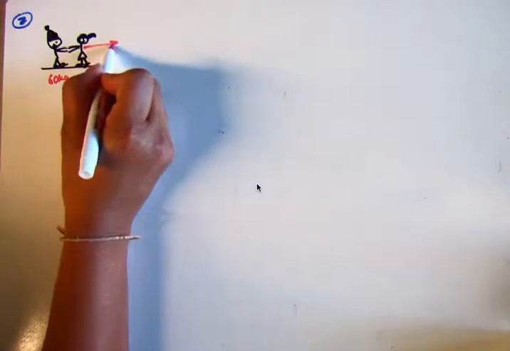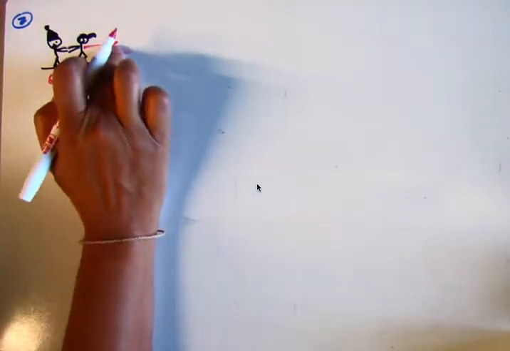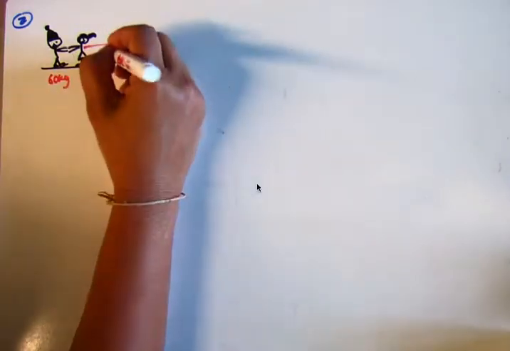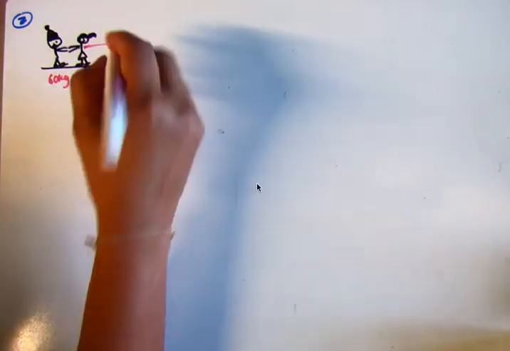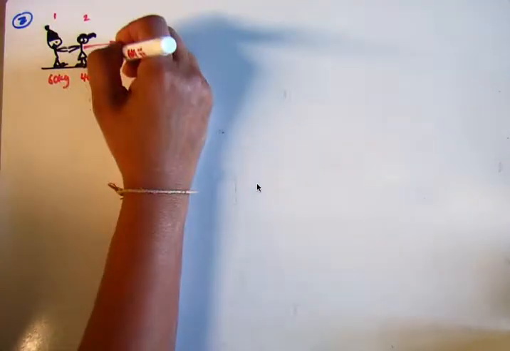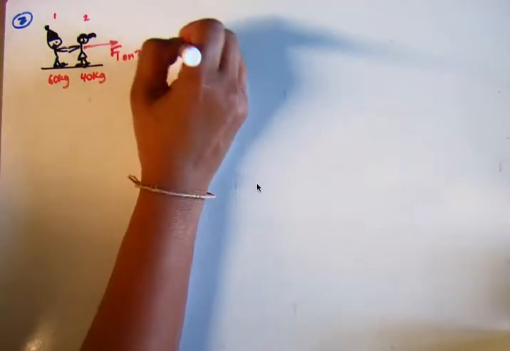If this person pushes this person, there's a 360 newton applied force right here. Let's call this girl 1 and girl 2. Let's call it first, force of 1 on 2 is equal to 360 newtons.